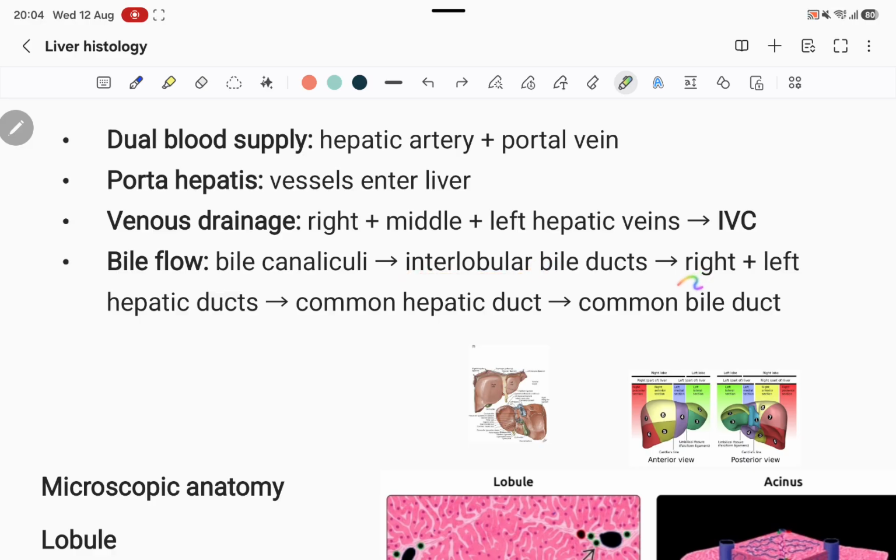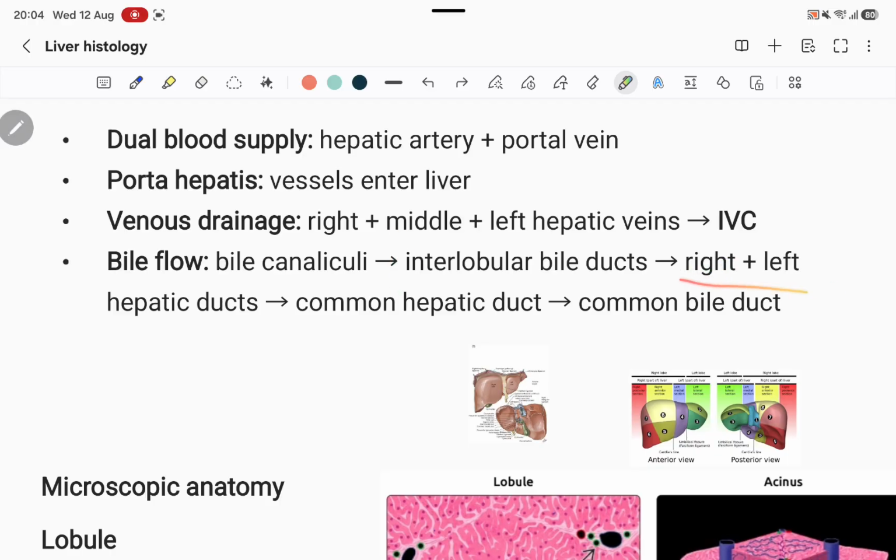And then we've got the right and left hepatic ducts. Of course, the larger ducts are there and before that. So there are ductules and then ducts. Okay, that's where they are.